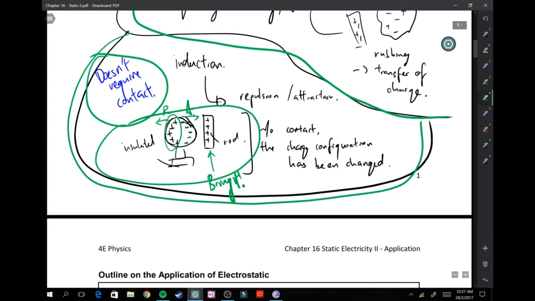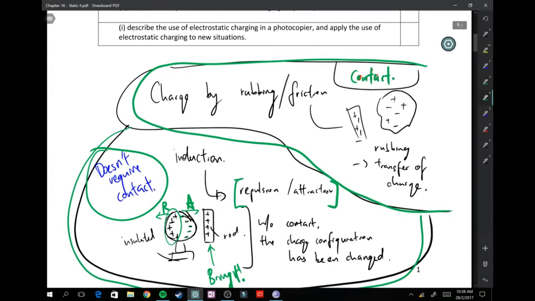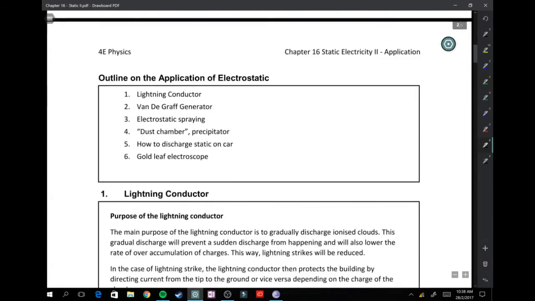That's the idea behind induction. So these are repelled and these are attracted. Whenever you talk about induction, please talk about repulsion and attraction. Whenever you talk about charging by friction, please talk about a transfer of charge due to rubbing or friction.